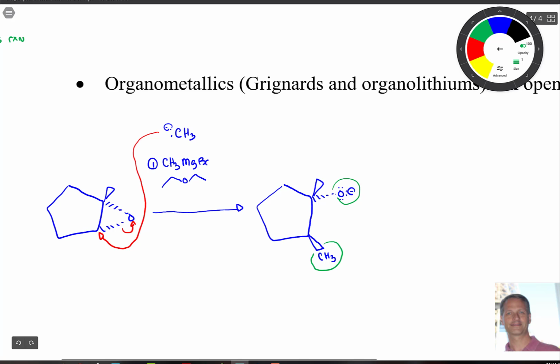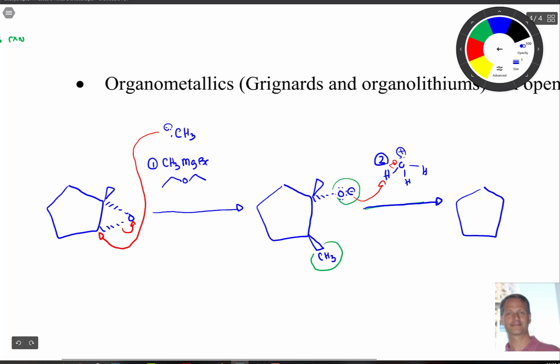That doesn't really change. That's something we've carried throughout the semester. And then the last step here, this is a separate step, we're going to add H3O+. So we're going to swing around and we're going to do this.